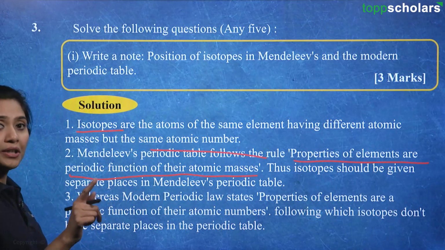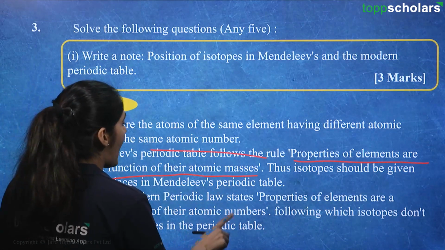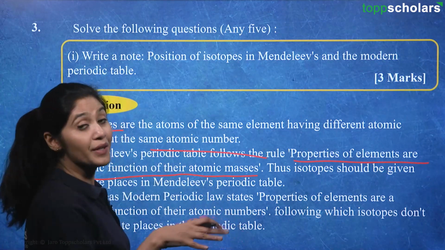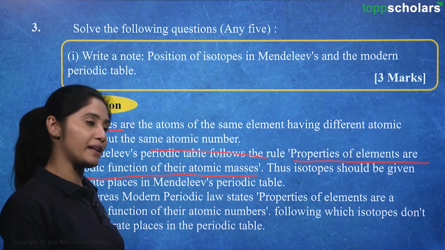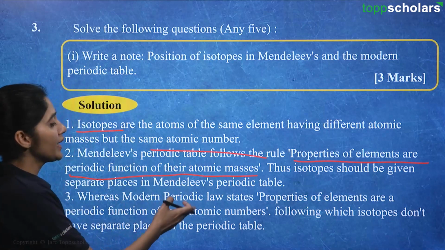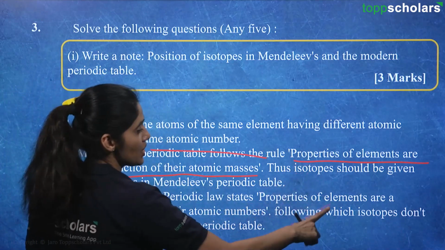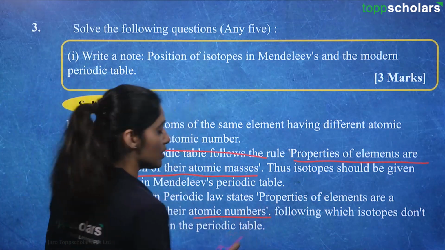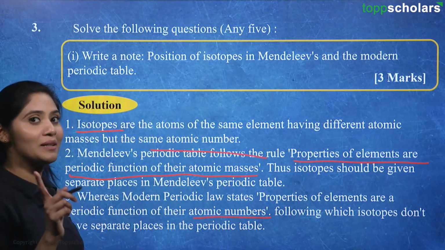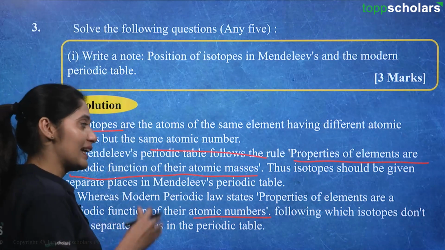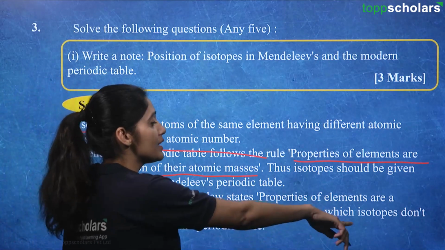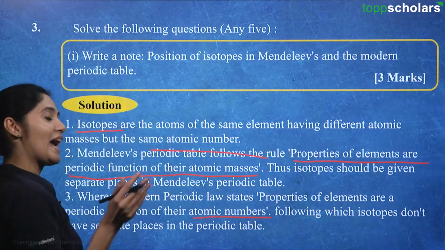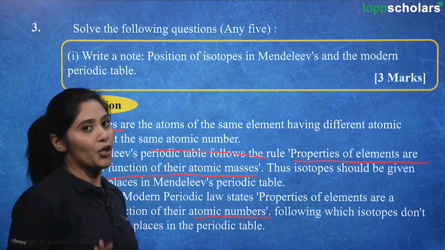Whereas, the modern periodic table has a different way of putting things into perspective. The modern periodic law says properties of elements are a periodic function of their atomic numbers. Here the modern periodic table gets the upper hand, following which isotopes don't have a separate place in the periodic table.